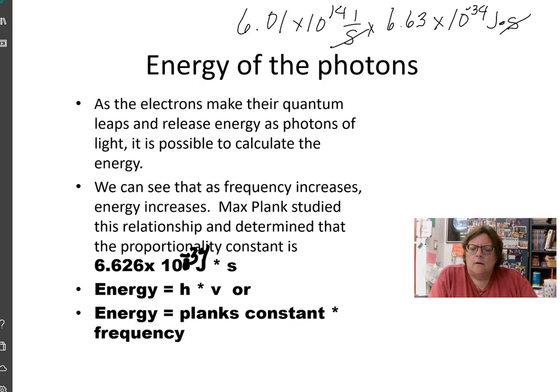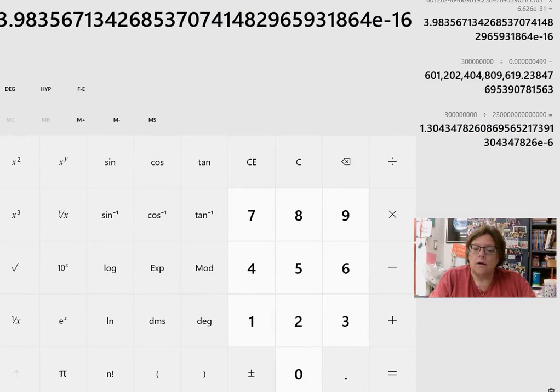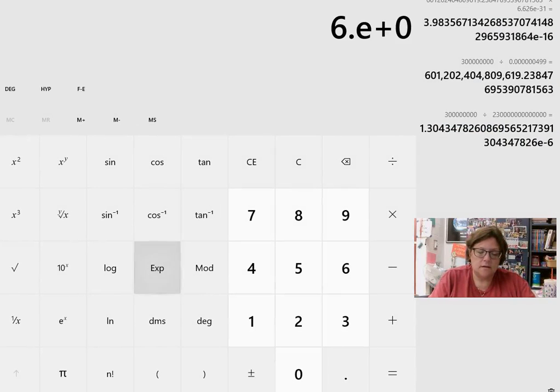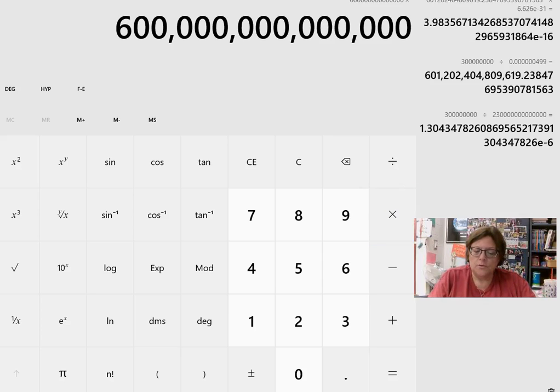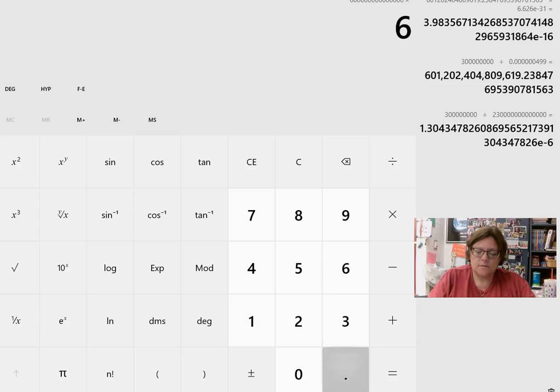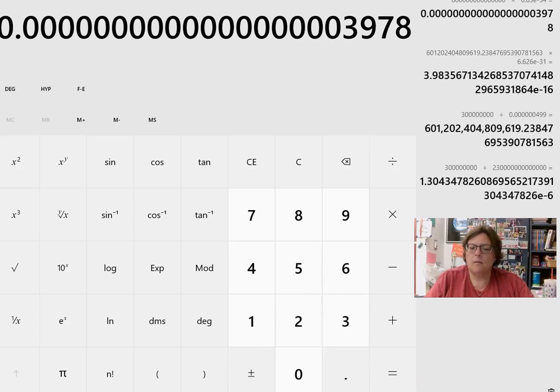All right. So let's go back. Well, we don't have to go back. This is the problem that we just saw on the other slide. We had 6 times 10 to the 14th, multiply that by 6.63 times 10 to the negative 34th, and we come up with a teeny tiny number.